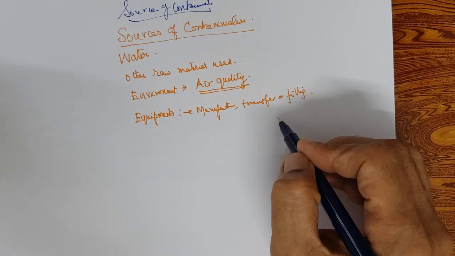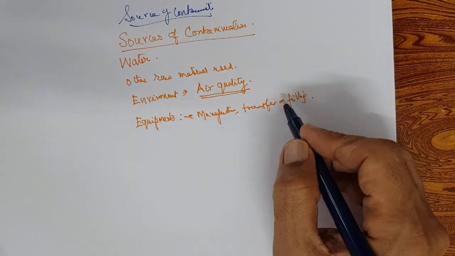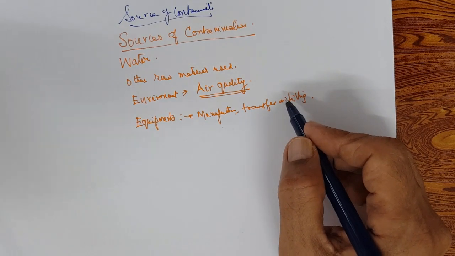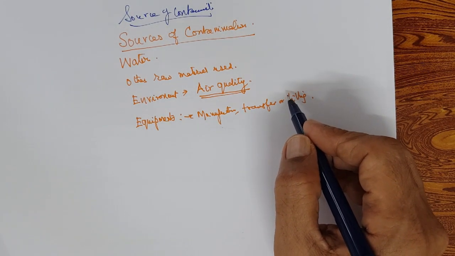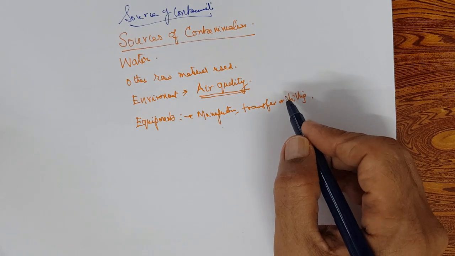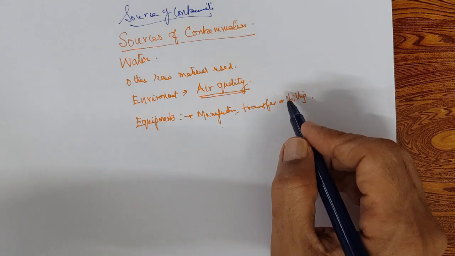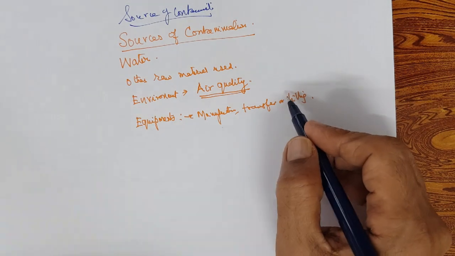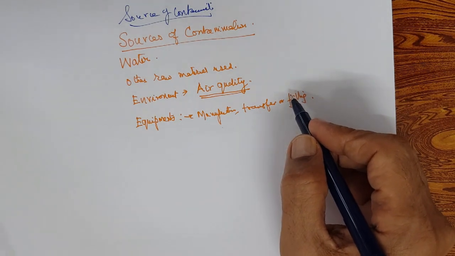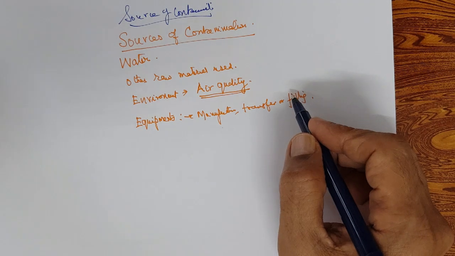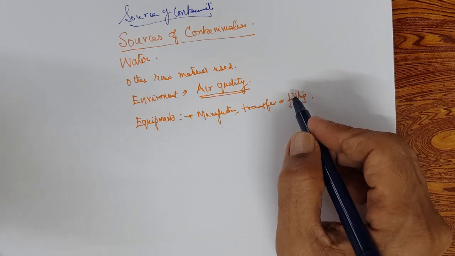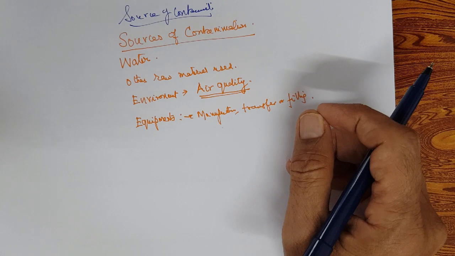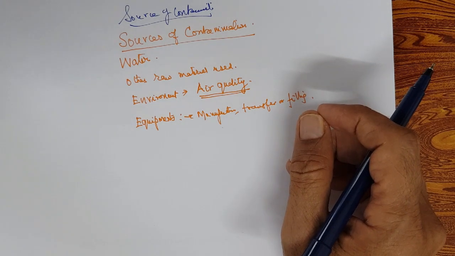For example, there will be a stainless steel pipeline through which you will transfer the product from the manufacturing vessel to the filling line, and you will clean the pipelines, but there are some spots, the bends in the pipeline where the product keeps on accumulating, and those spots can be a very, very good place for microbial contamination.